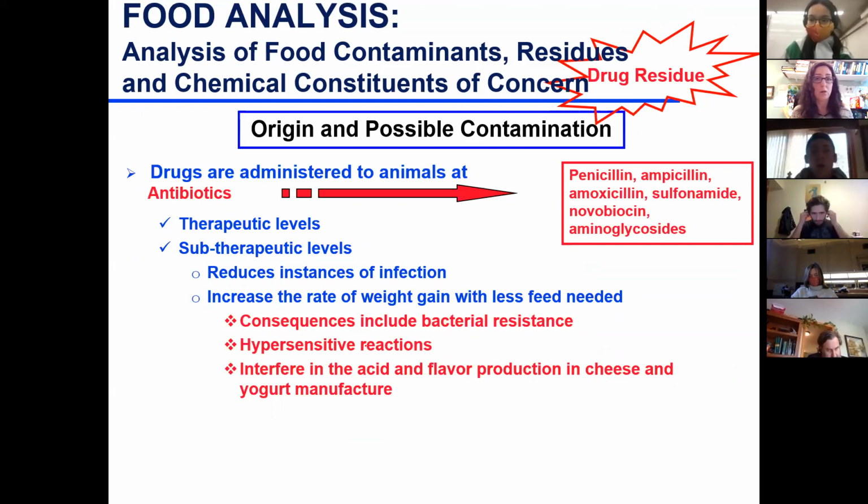So there is no tolerance level for antibiotics because people potentially have allergies to antibiotics. And also if you continue using certain antibiotics, you get bacterial resistance. And if you have milk with some antibiotic, it will impact processing if we're producing fermented yogurt or ripening cheese, because that whole process requires microorganisms.